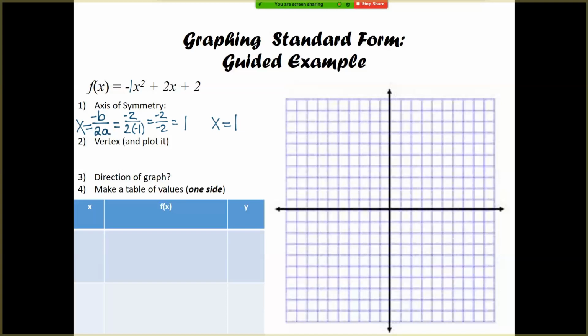So hopefully when you simplify that, you got a value for your axis of symmetry of x equals 1. So now to find my vertex, I'm going to take that 1 and I'm going to plug it back into the original equation. So -1 times 1 squared plus 2 times 1 plus 2. Again, make sure you're using parentheses when you're typing this in your calculator.